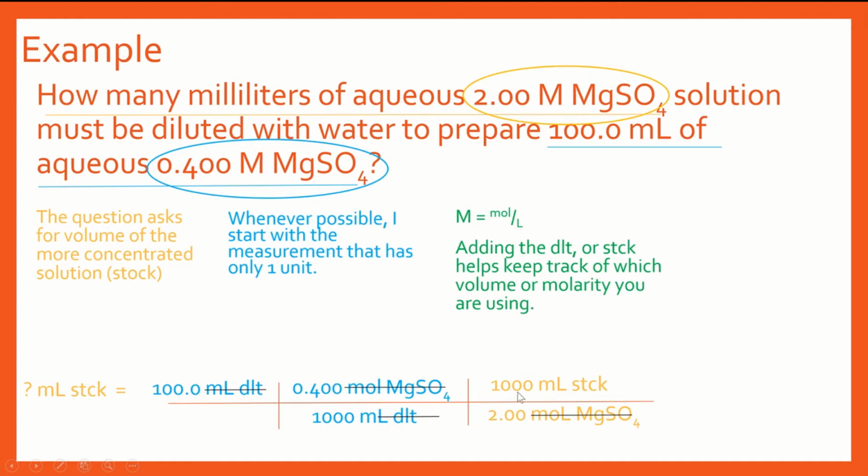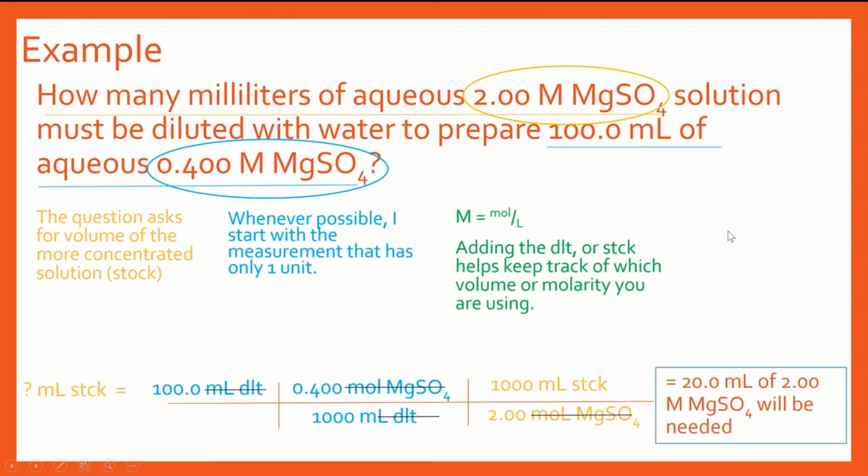I'm left with milliliters of stock solution, and now I've just got my calculation left to do. 100 times 0.4 divided by 1,000 times 1,000 divided by 2. And I come up with 20 milliliters of my 2 molar magnesium sulfate will be needed. So I need to take 20 milliliters of magnesium sulfate in order to make 100 milliliters of 0.4 molar magnesium sulfate. All right, there we go. It's our first dilution.